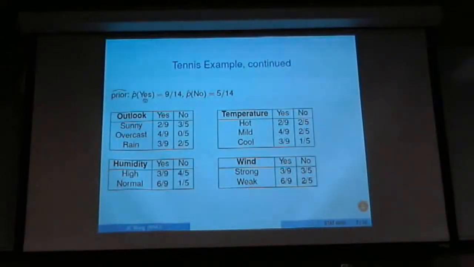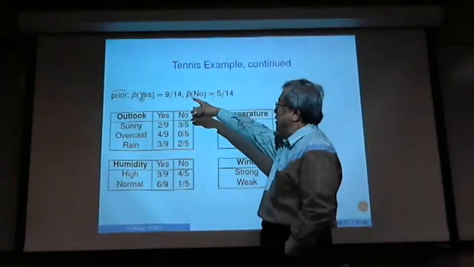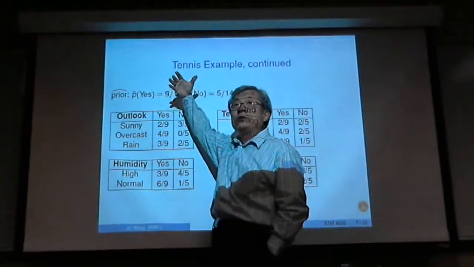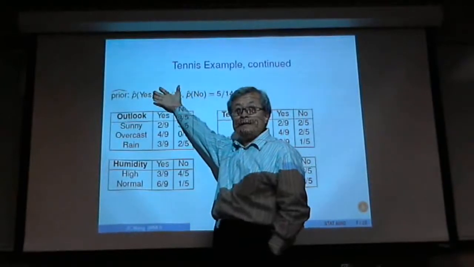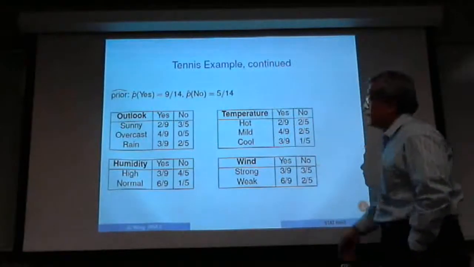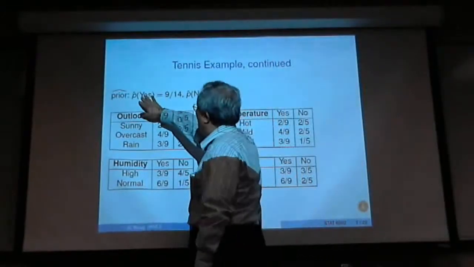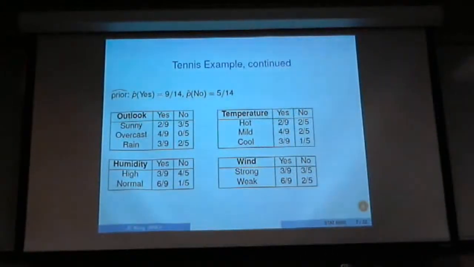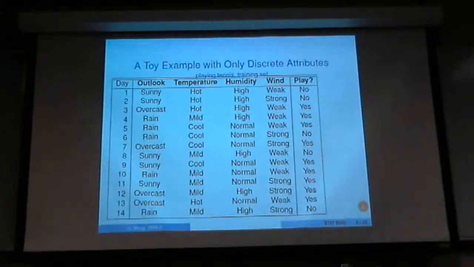Out of the 14 instances, we have 9 yeses, so just use the class size over the total sample size as the estimate for this prior distribution. The probability of yes is estimated by 9 over 14, and here we have 5 nos, so 5 over 14.